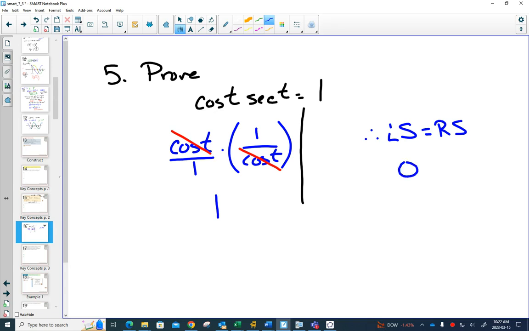And often in mathematics, proofs end with QED, which is a Latin abbreviation, quod erat demonstratum. I don't know who decided that they wanted to use Latin at the end of a proof, but it's kind of cool and it's kind of historic. So we write the left side equals the right side, QED to say that we finished. Because quod erat demonstratum basically says what you asked me to show has been demonstrated.